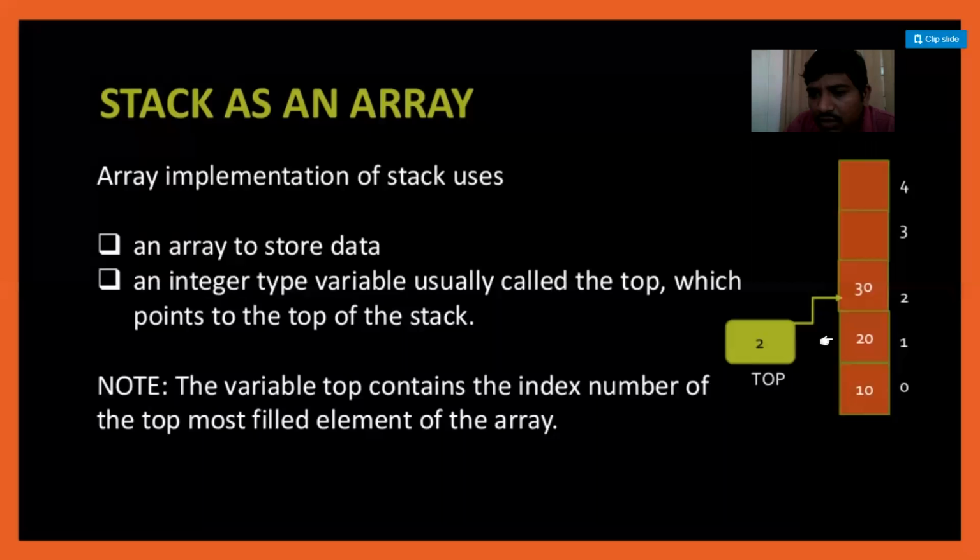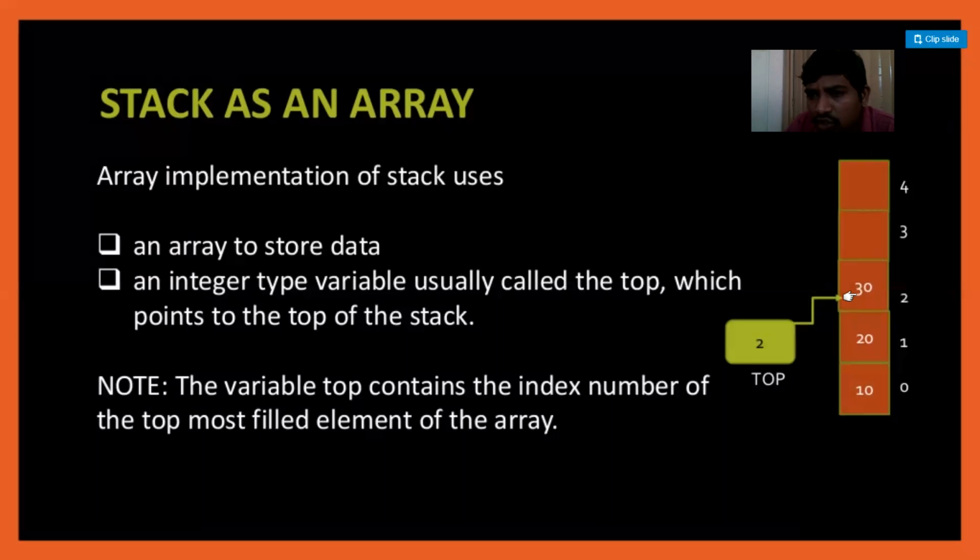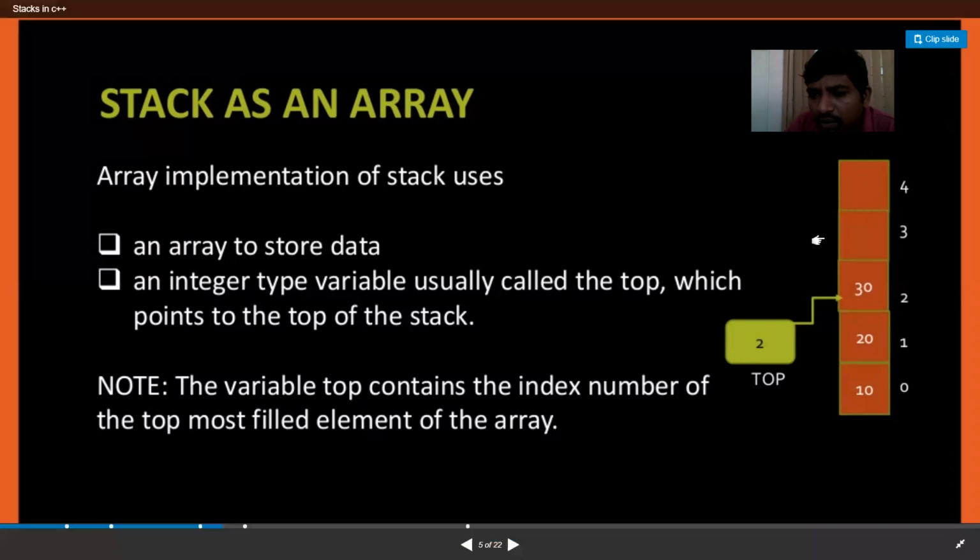When we insert the element into the first index, then top will move to 2, that means the second index of the array. Then if you insert an element into the second index, top will move to the third index. Like that, top will always be the top. That is inserting the elements.